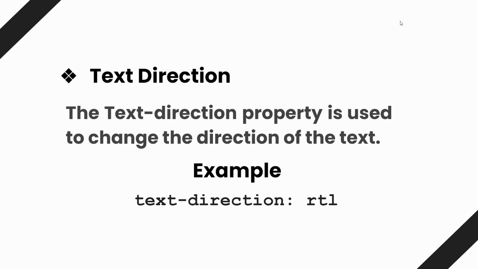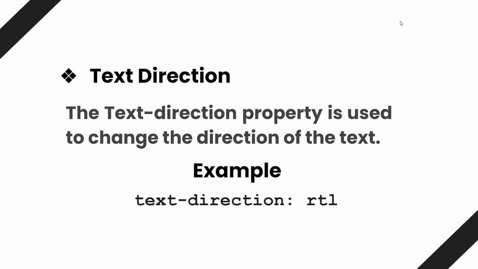As you can see here in the example, we've assigned the text direction property the value of RTL, which means right to left. If we were to have this on VS Code, you basically have your text move from the right hand side of the screen to the left hand side.